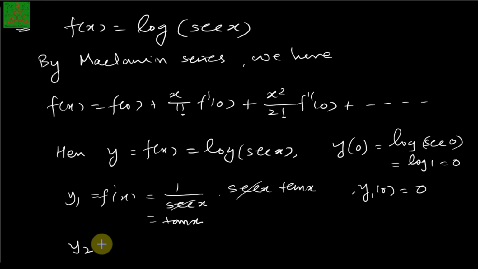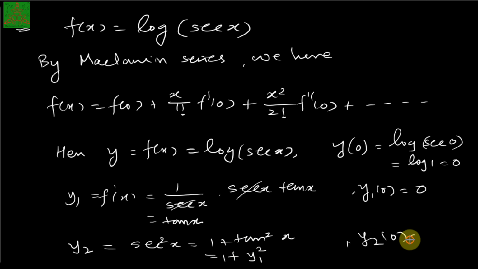For y2, the derivative of tan x is sec square x, that is 1 plus tan square x, and that we can write as 1 plus y1 square. That means y2 at 0 gives me 1 plus y1 square at 0. But y1 is 0, so y2 is 1.